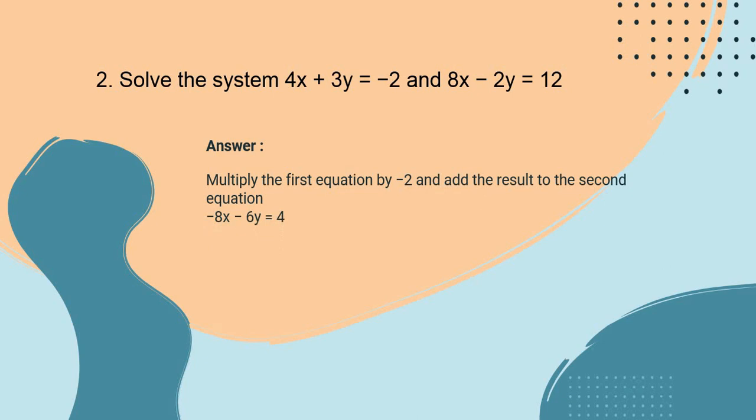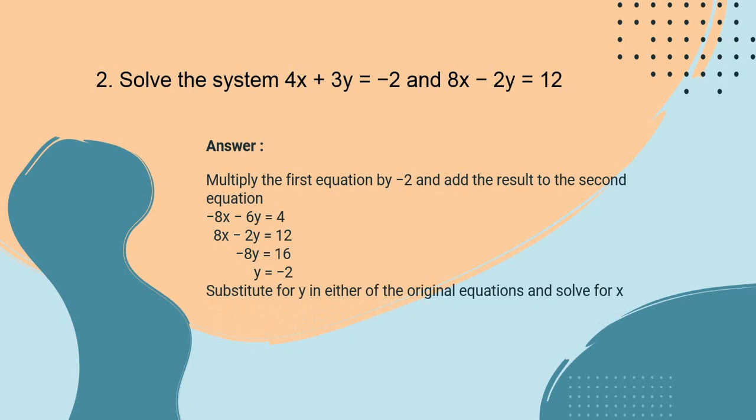Minus 8x minus 6y equals 4. 8x minus 2y equals 12. Minus 8y equals 16. Y equals minus 2.